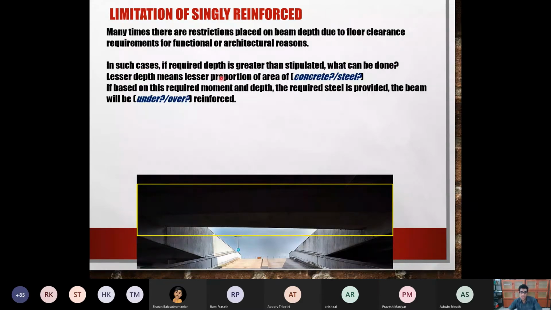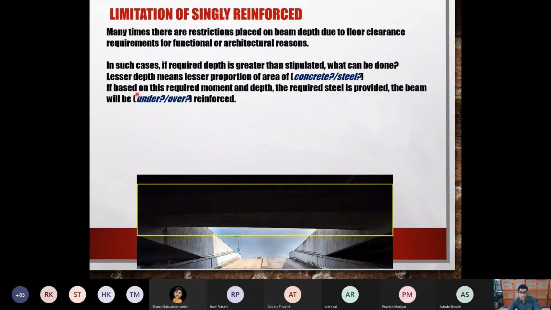In such cases, if the required depth is greater than the stipulated, what can you do? Okay, so lesser depth means lesser proportion of area of concrete by steel, meaning that the proportion of steel within that area will be more.